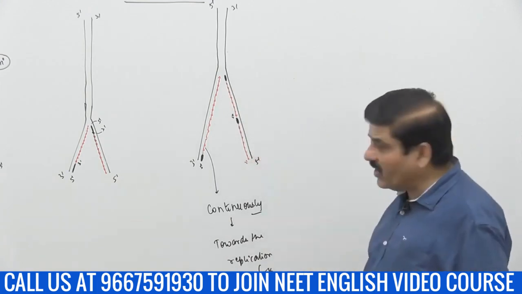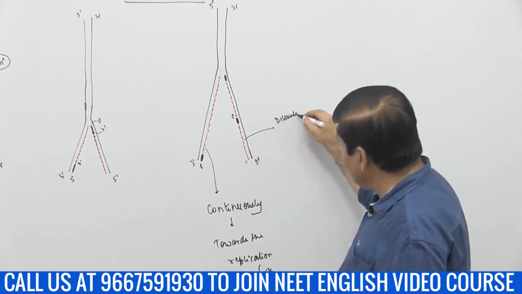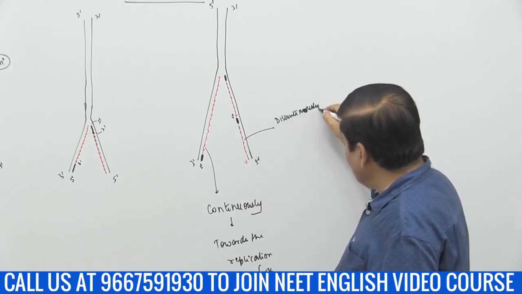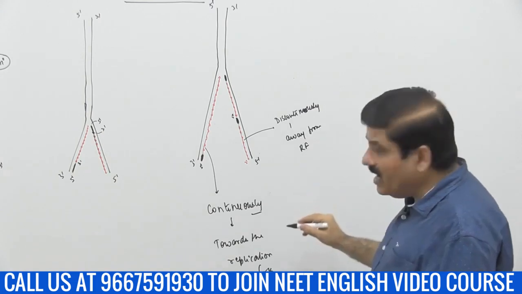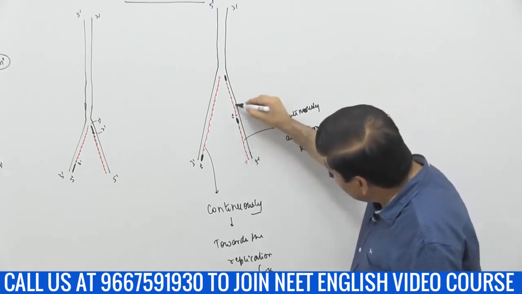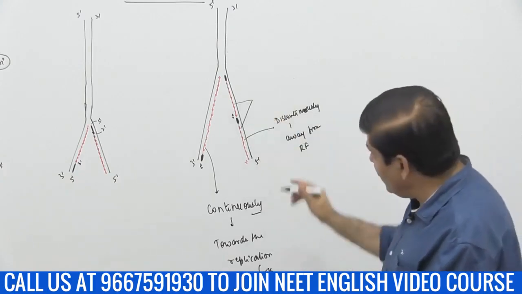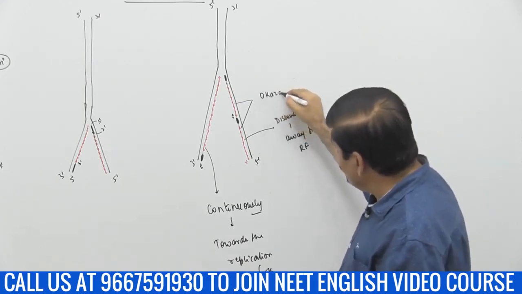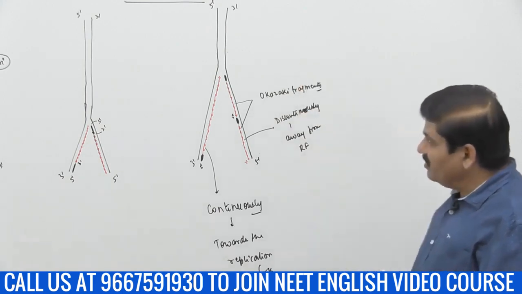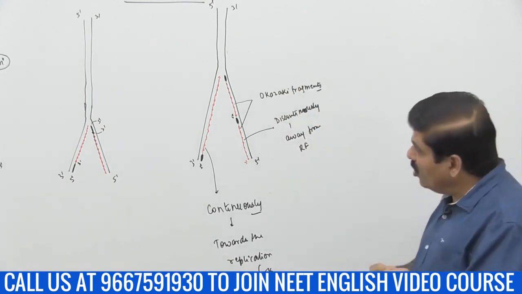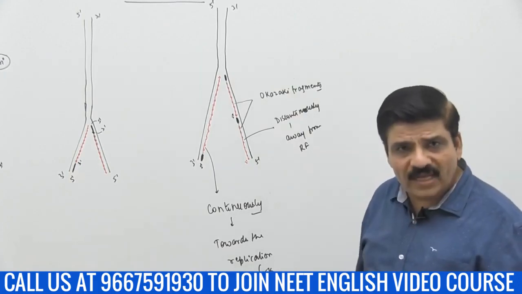What about the other strand? The other strand is being replicated discontinuously, and it will be away from the replication fork. The fragments of the discontinuously synthesized DNA strand are called Okazaki fragments. And remember that each Okazaki fragment in the beginning has a small stretch of RNA molecule, which is called the primer.